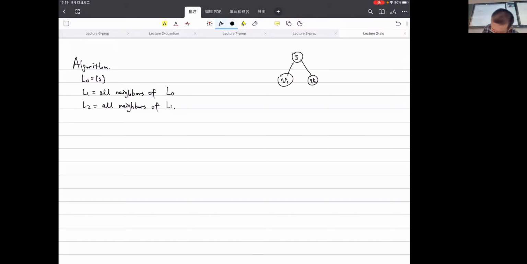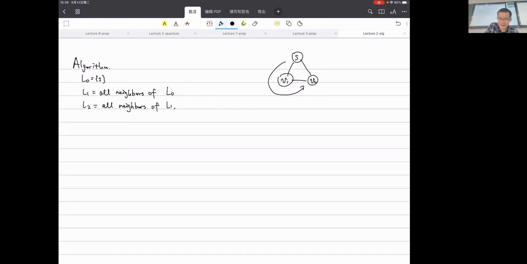If V1 is connected to V2, then using this definition, both V1 and V2 are actually in L1. But if you look at L2, they are still in L2 because V2 is a neighbor of V1. If you look at this path, it has length 2, which suggests why V2 should belong to L2.